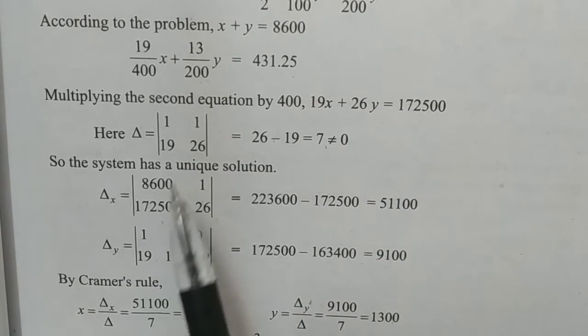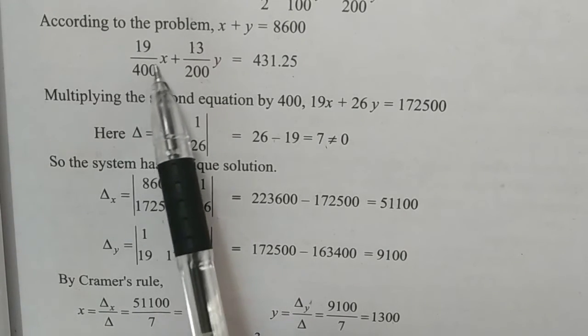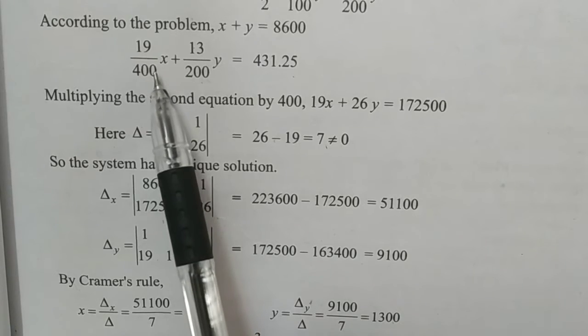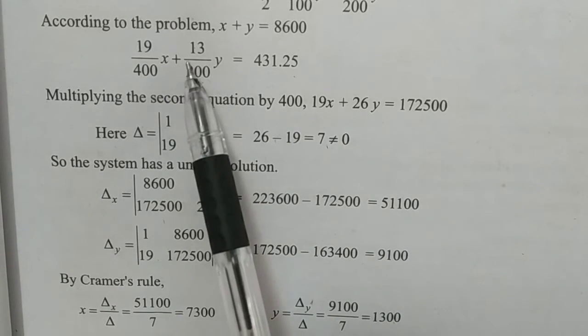So we get the equation after multiplying by 400. Multiplying by 400, the 400 cancels and we get 19x.